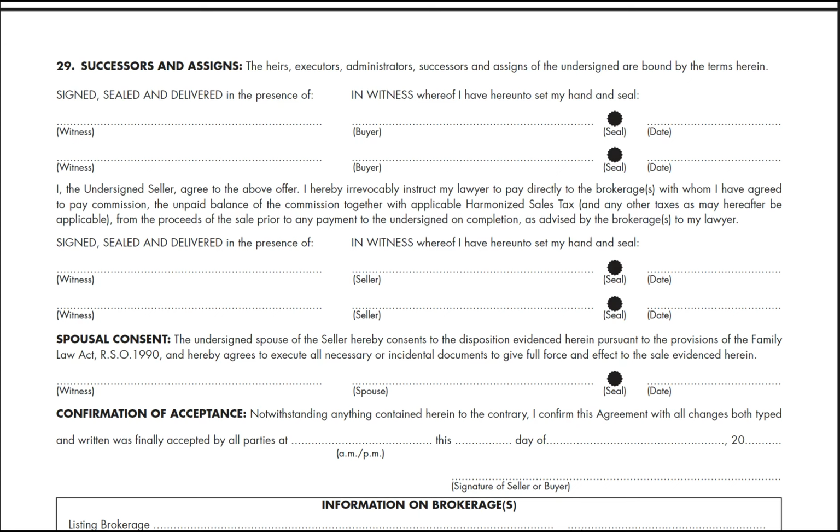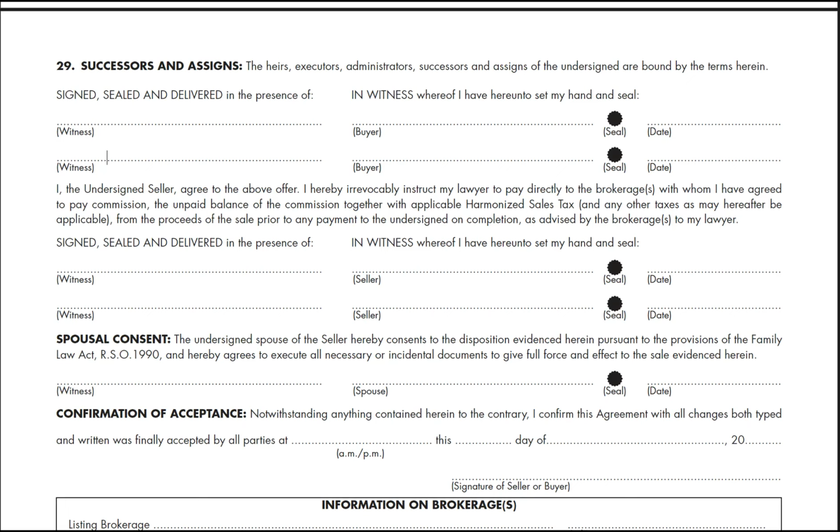So basically what this is saying is that the seller confirms acceptance of the buyer's offer. The seller's lawyer is given an irrevocable instruction to pay the real estate commissions first.